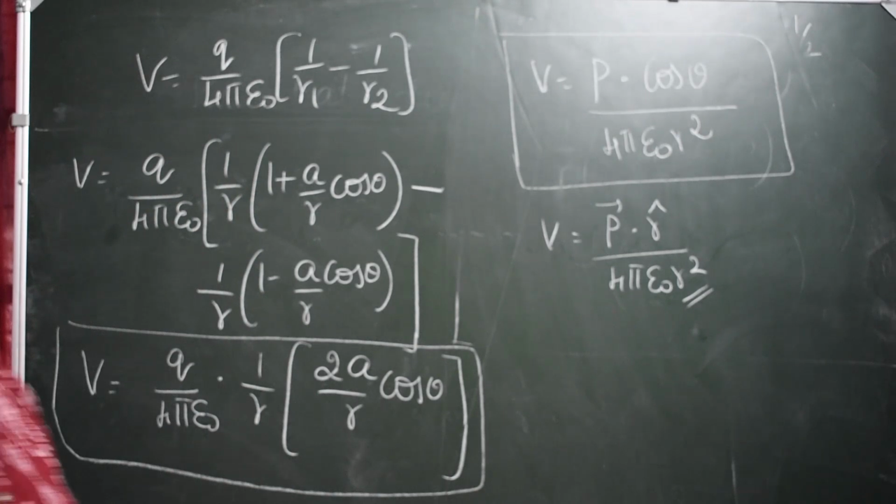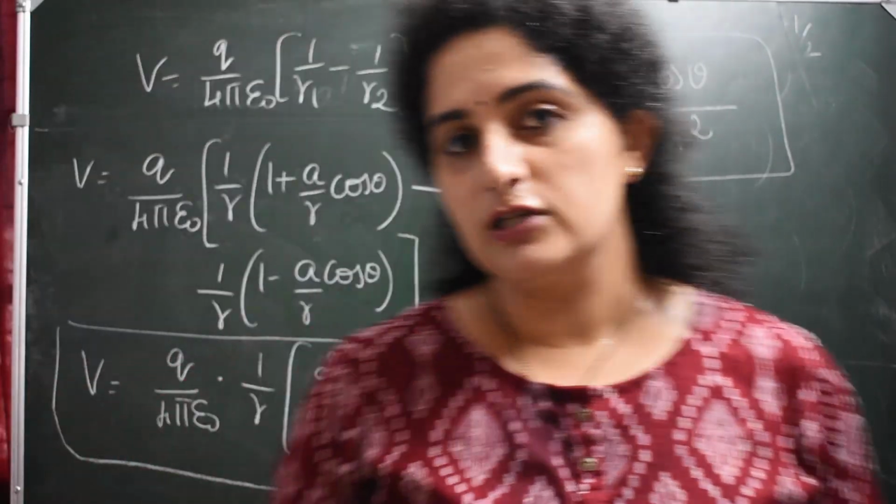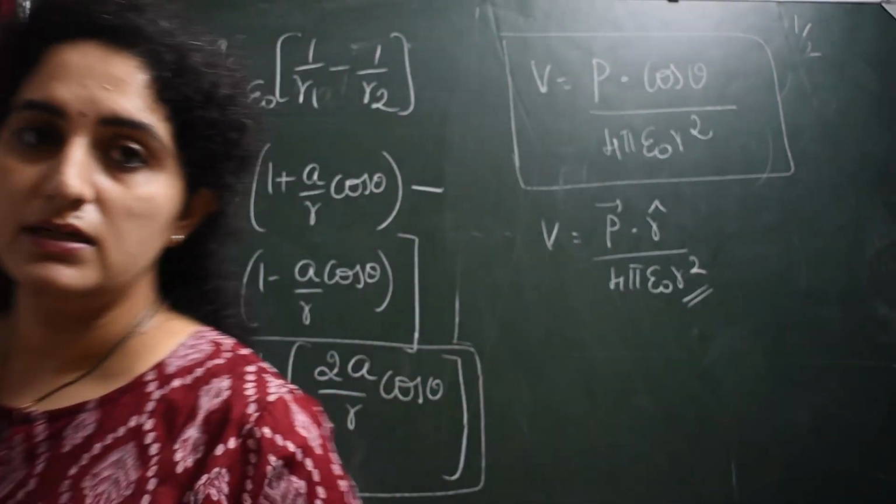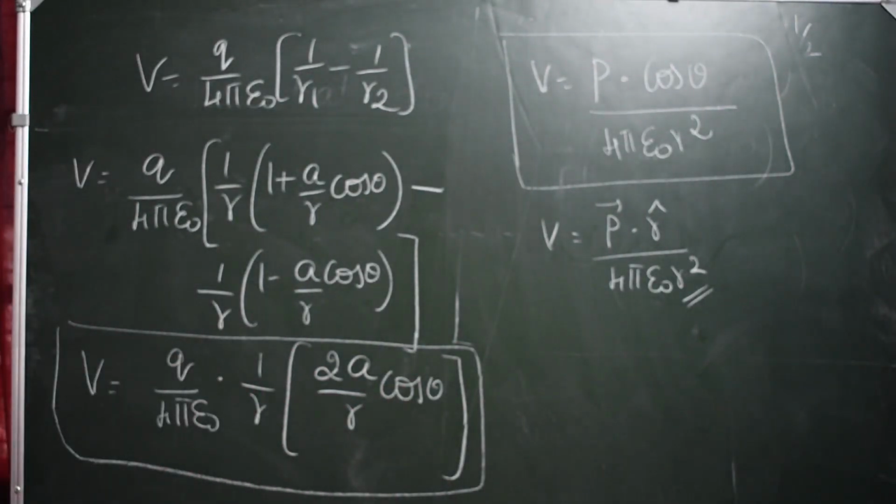So in the coming classes we will see the electric potential for multiple charges, then we will go with the capacitors concepts. Potential for system of charges we have, and relation between field and potential, that is very important for 2 marks.